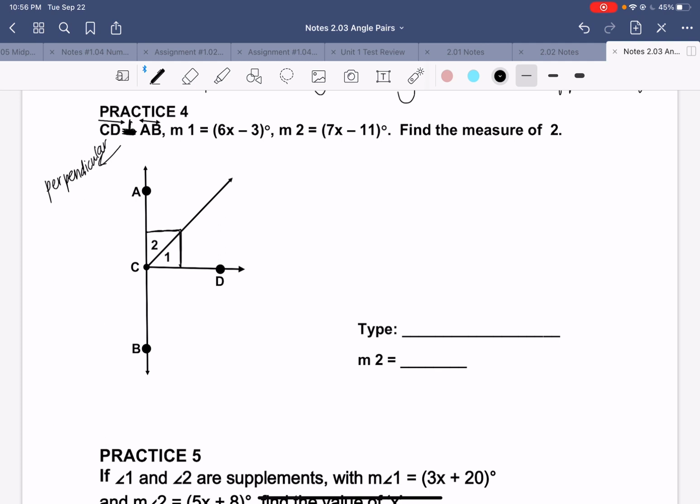Okay, so if I have a 90-degree angle and I have angle 1, which is 6x minus 3, and angle 2 is 7x minus 11. That word perpendicular means it creates 90-degree angles. So I'm going to take my angle 1 and add it to my angle 2 and set it equal to 90, because there's a perpendicular line there.